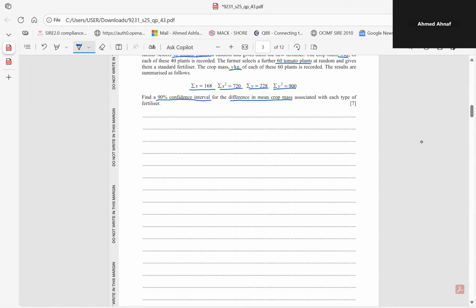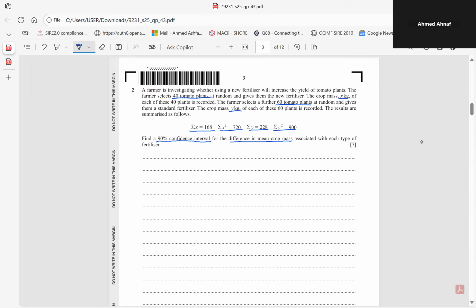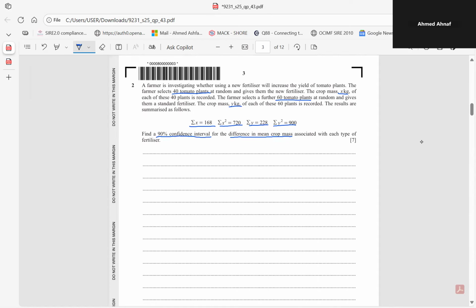To find your confidence interval, there is an easy way to determine the formula if you ever forget.